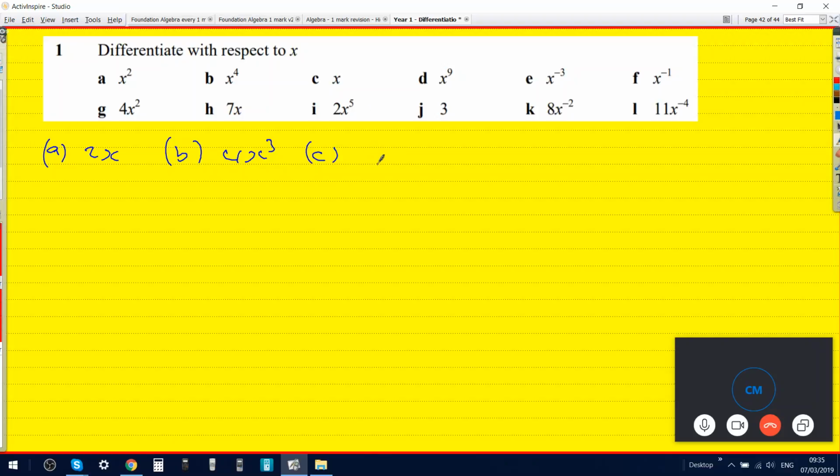Is that x to the minus 1, or does it just go away? So at the moment it's x to the 1. Right. So after you differentiate it, x to the 0, which is just 1. Yeah, and so that's just going to be 1. And that's because the gradient of the line y equals x is 1.